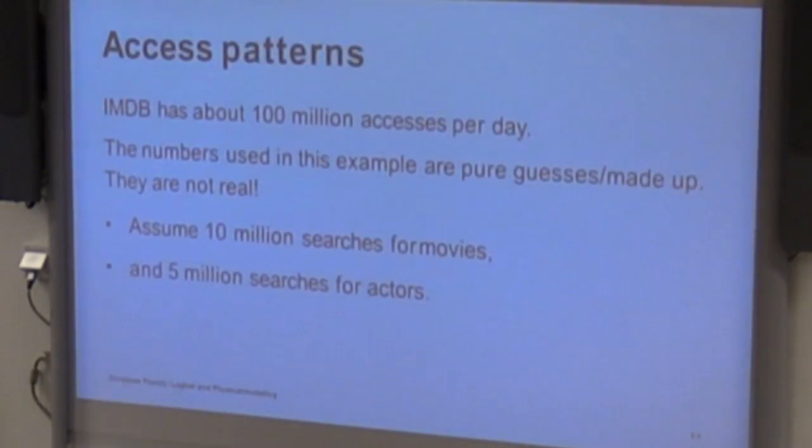Then there are a lot of accesses going on here. So we can assume that there are 100 million searches for movies, and 5 of them also go to the search for one or more actors.